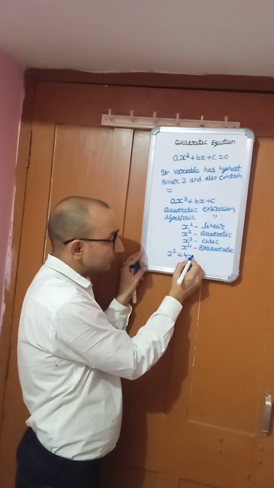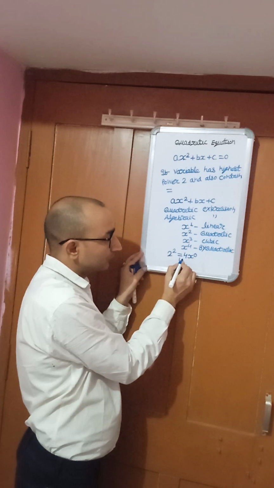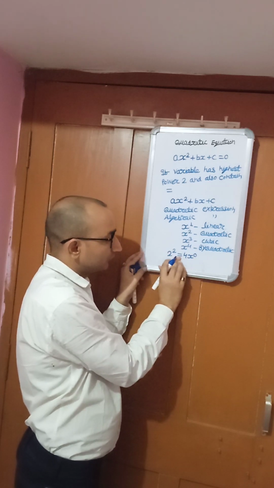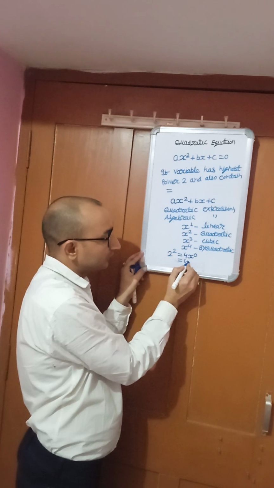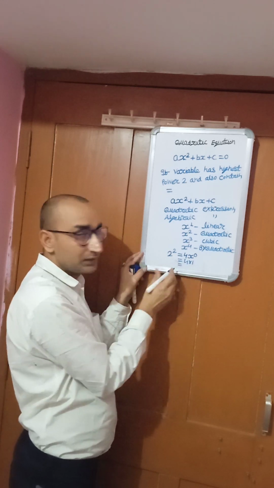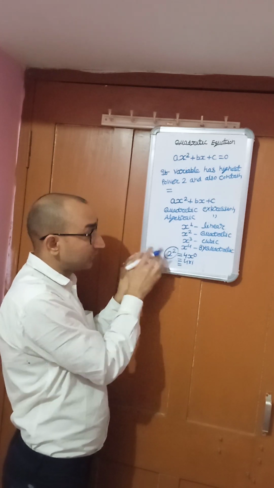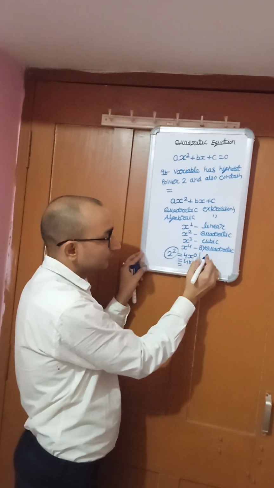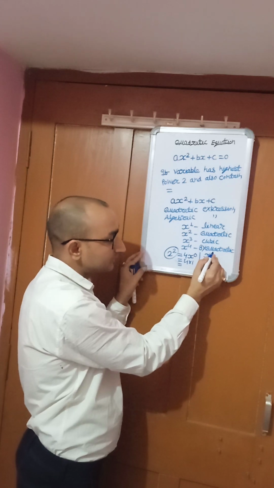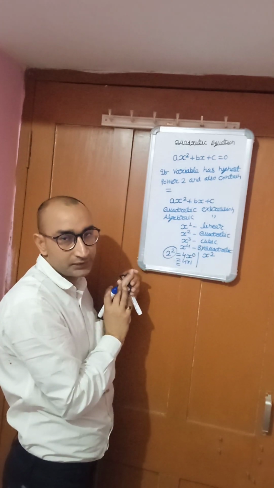Here x power is 0, means 4 into 1, this becomes a constant. Then it cannot be called quadratic here. But if a variable has highest power 2, then it is called quadratic.